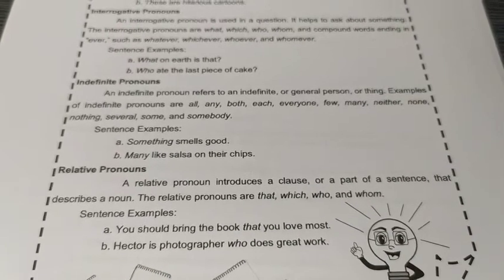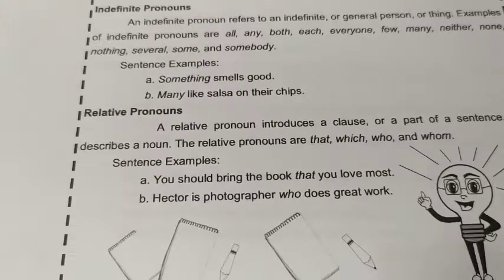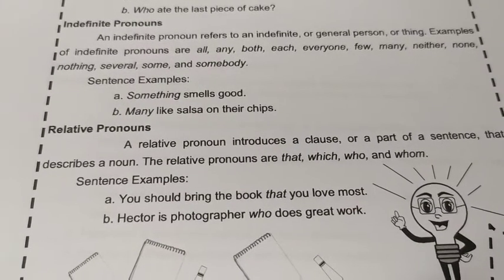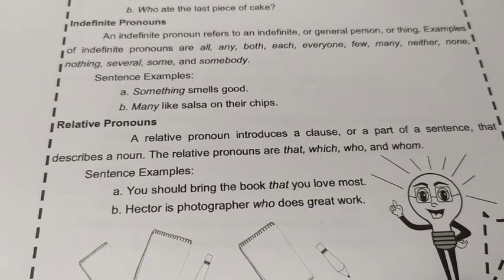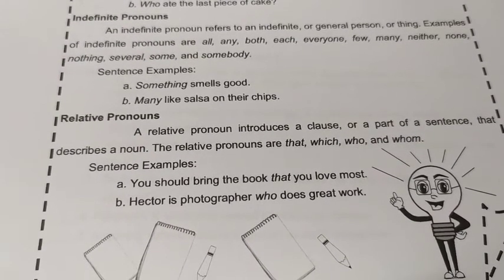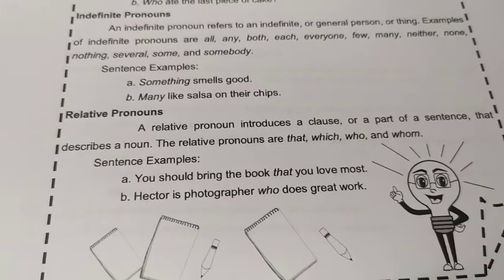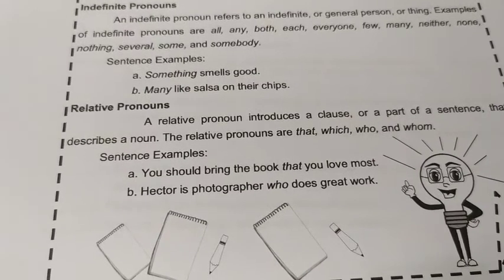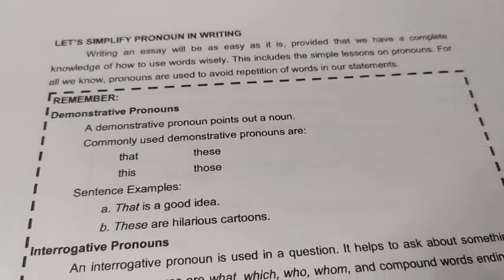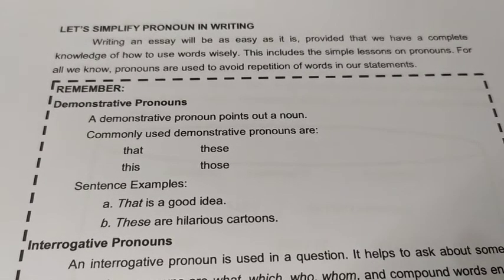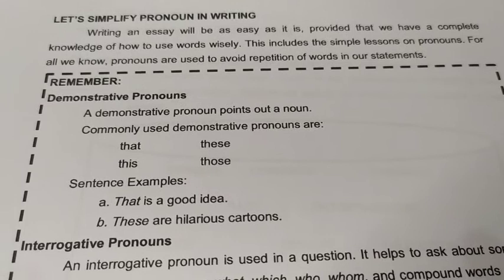So when you say relative pronouns, you are relating a particular idea which is mentioned also in the text, for us to have a clear understanding of the content and the message. So again, when we say demonstrative, you are pointing out, you are describing.